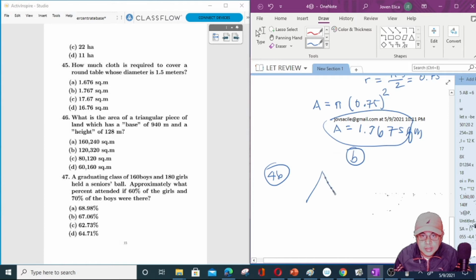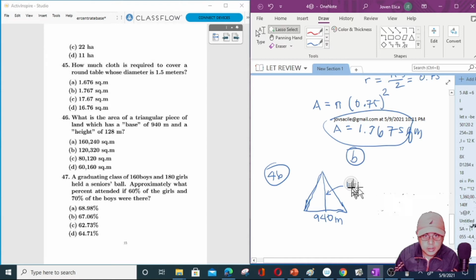So if that is a triangular, the base is given as 940 meters, and this is the height. The height is given to be 128 meters.